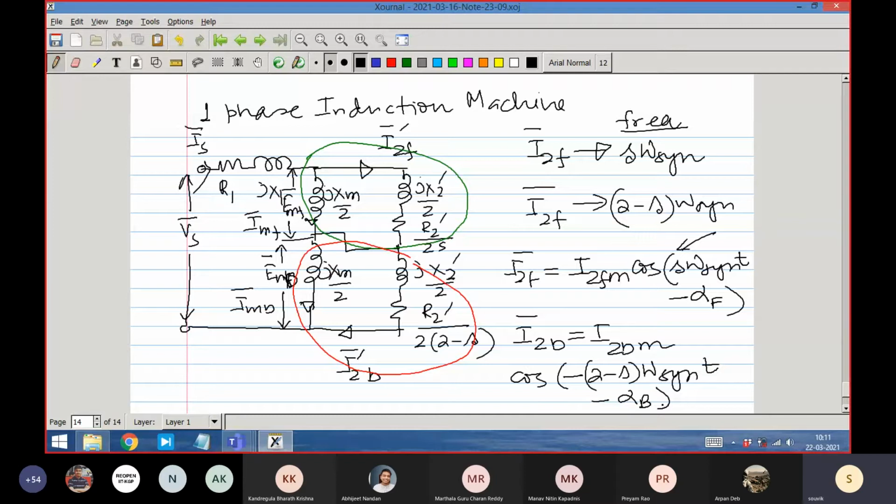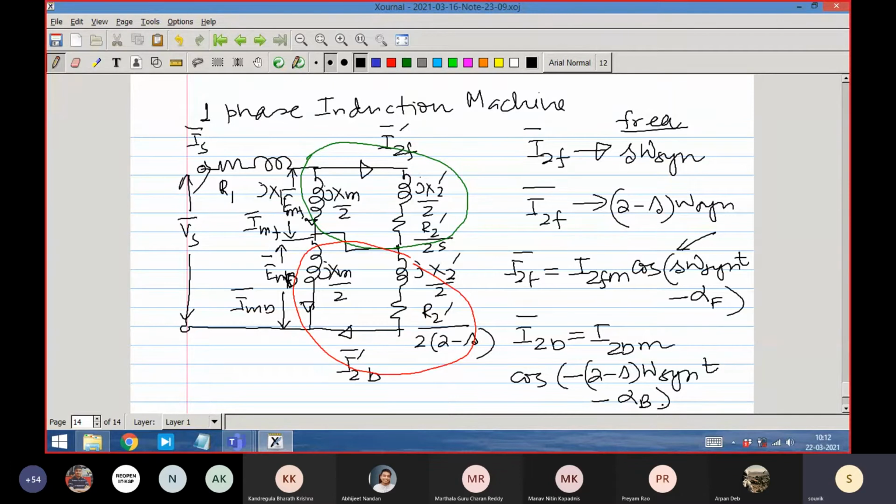Stator current here means the stator load current component. The actual stator current may be considered to be Is, but the load component is I2F dash, and that has the same frequency as the supply frequency.